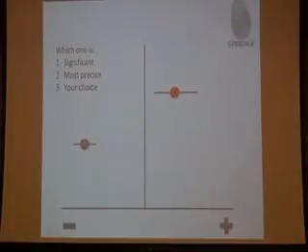I didn't put numbers. Let's say it's 50%, going from a 25 to 75 reduction. This one is very precise, but it gives you an increase in stroke. You don't want to use a drug that gives an increase in stroke. So this is less precise, but it is on the right side of things.